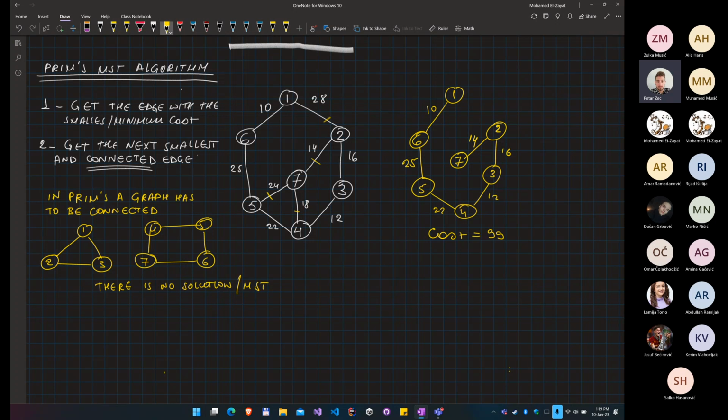Now the problem is, you are saying all the time, give me the next connected, give me the next least connected edge. You will actually stop because these edges are not connected anymore. These vertices are not connected as well. So right now, you will not have a minimum spanning tree. Prim's will just fail.